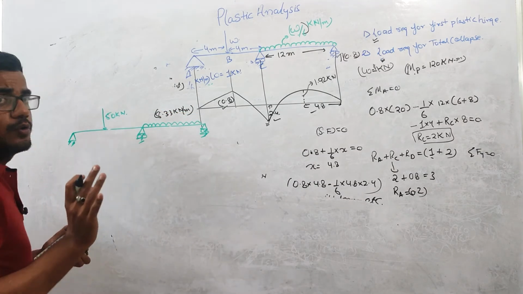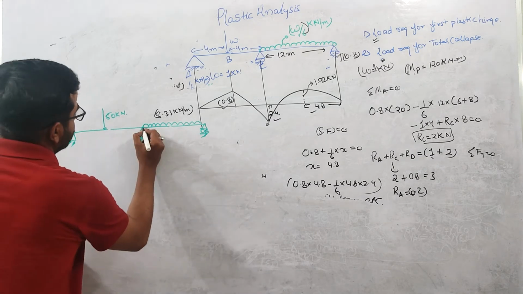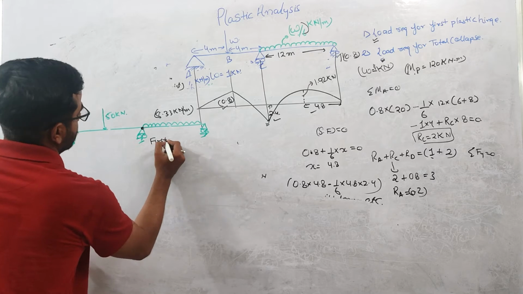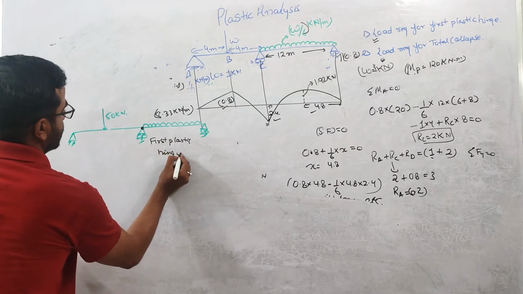For this case, when the loading on the beam looks like this, the plastic hinge will form at this point. This is the first plastic hinge, right?